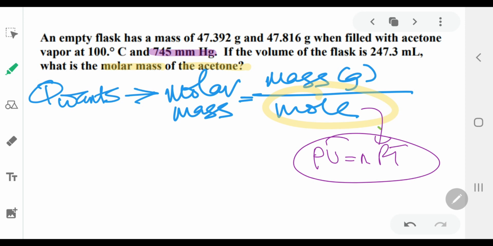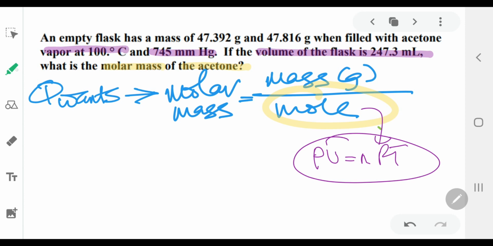Do we have volume given to you? Yes, you have the volume of the flask, 247.3. Remember, for an ideal gas, the volume of your gas is equivalent to the volume of your flask, your container, and your vessel. So you need to remember that. And what about temperature?